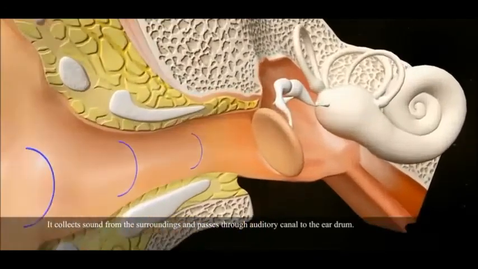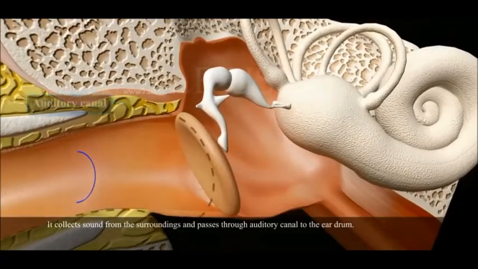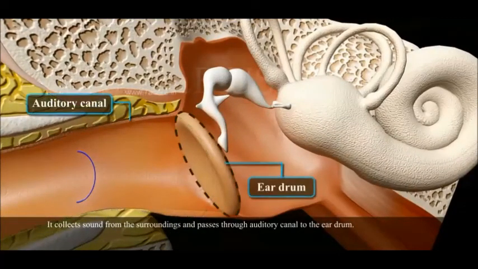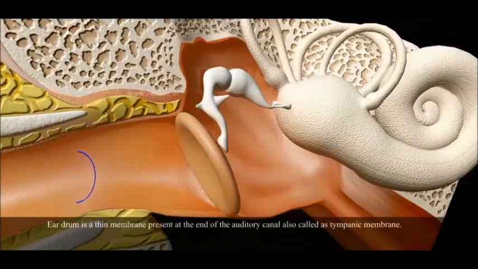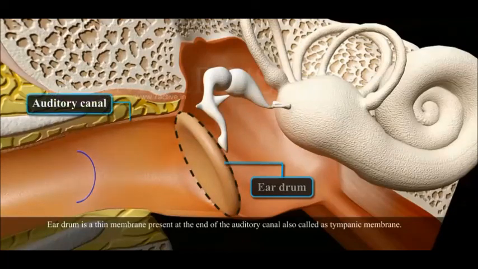It collects sound from the surroundings and passes it through the auditory canal to the eardrum. The eardrum is a thin membrane present at the end of the auditory canal, also called the tympanic membrane.